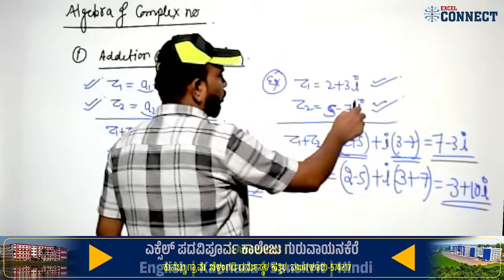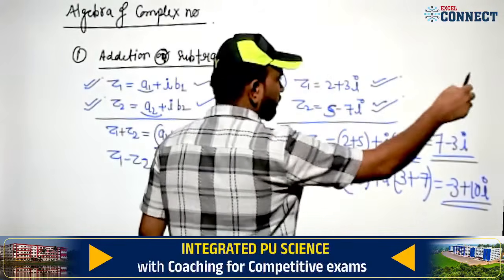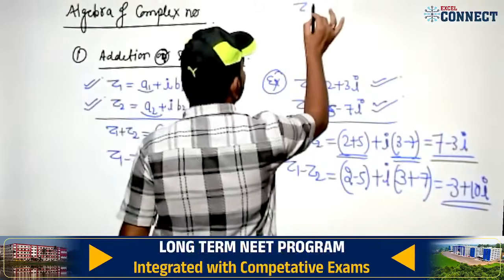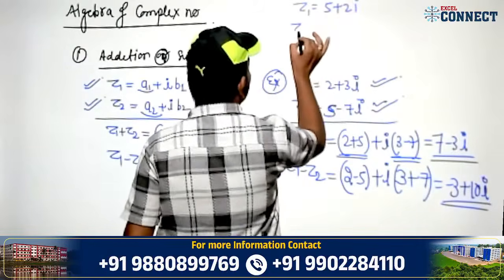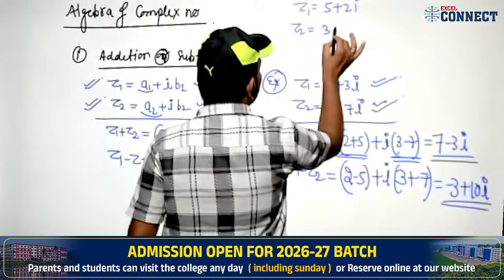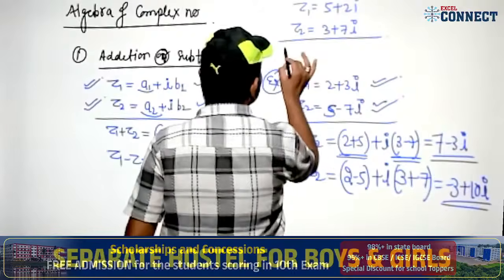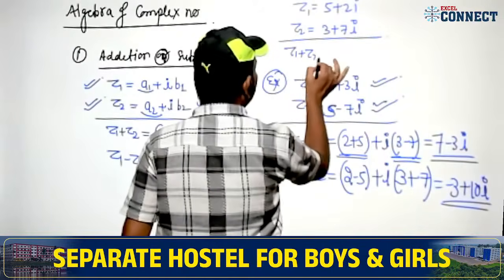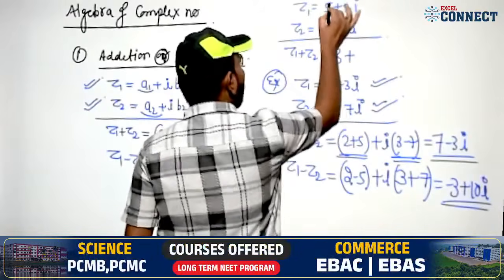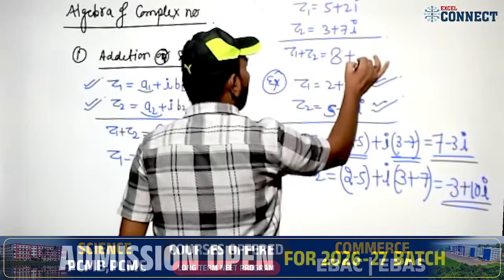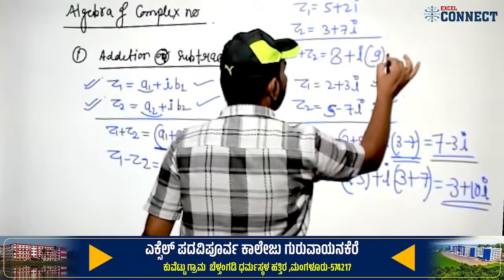Here I added iota common, so 3 minus 7, so it is minus 3. So if I give an example, z1 is equal to 5 plus 2i and z2 is equal to 3 plus 7i. Then if I ask you z1 plus z2, it means 5 plus 3 is 8. Simple, you need to add the real portion plus iota common, the imaginary portion. 7 plus 2 is 9. Simple, very simple.